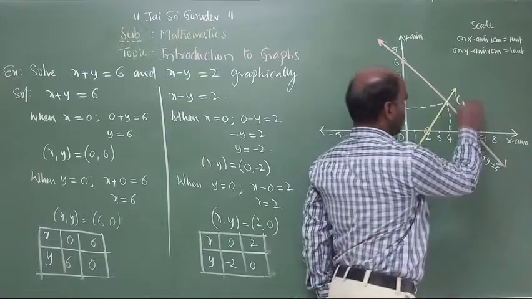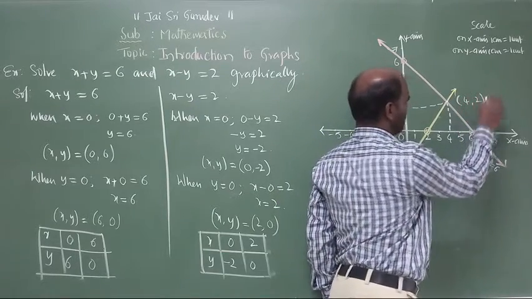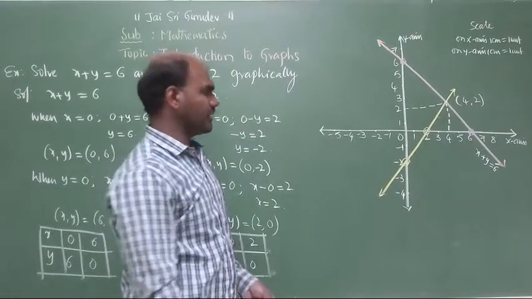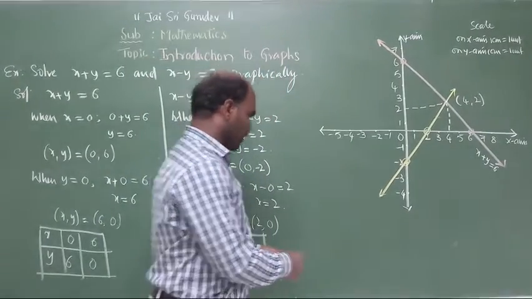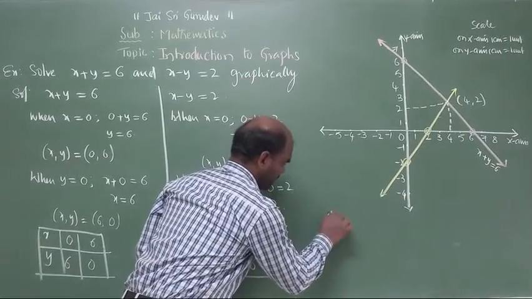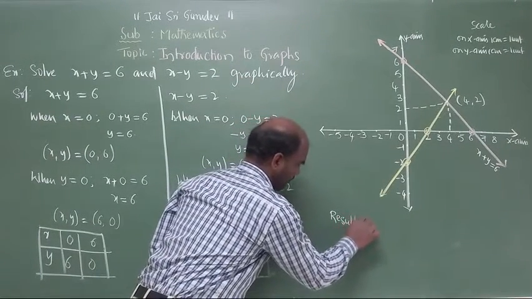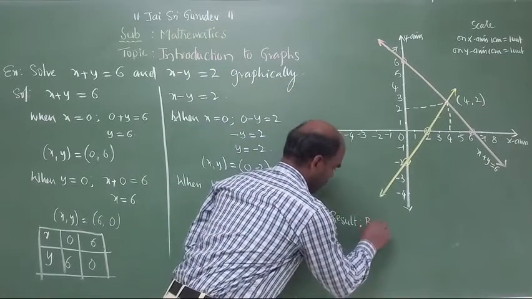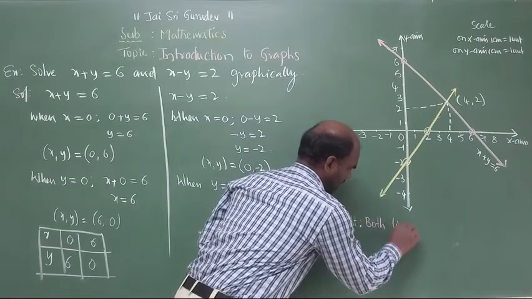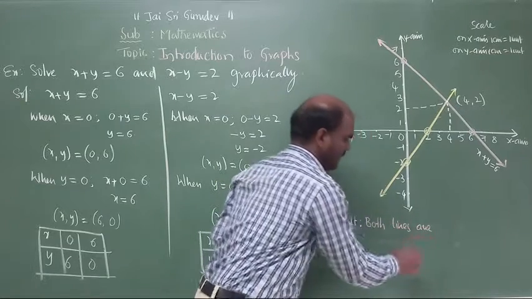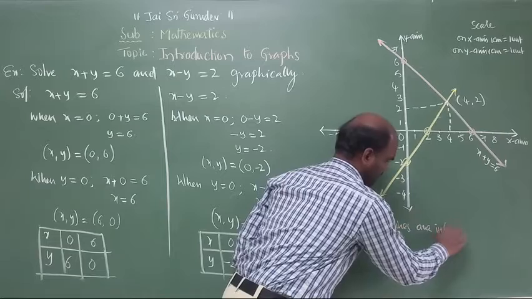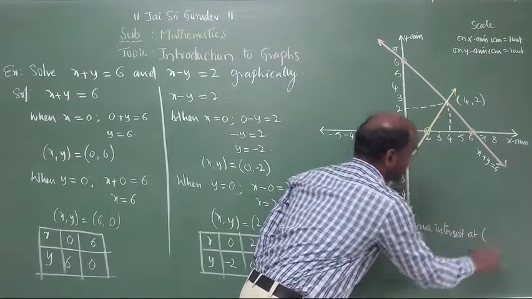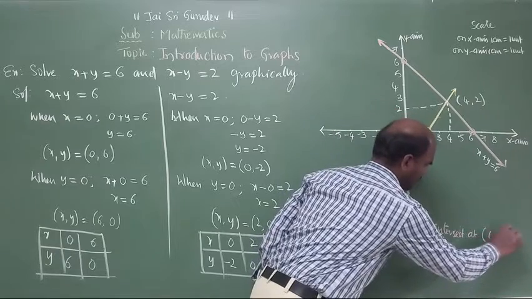That is 4 comma 2. So that is the result you should get. Both lines intersect at 4 comma 2.